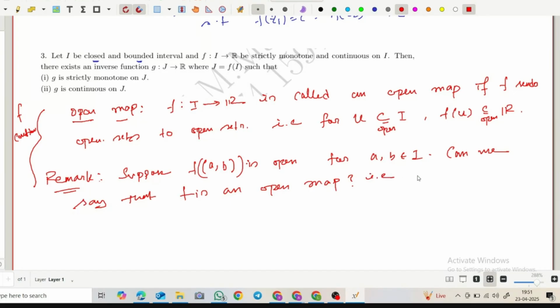That is, will f send any open sets to open sets? What do you think? Any intuition? Yes, no, anything?